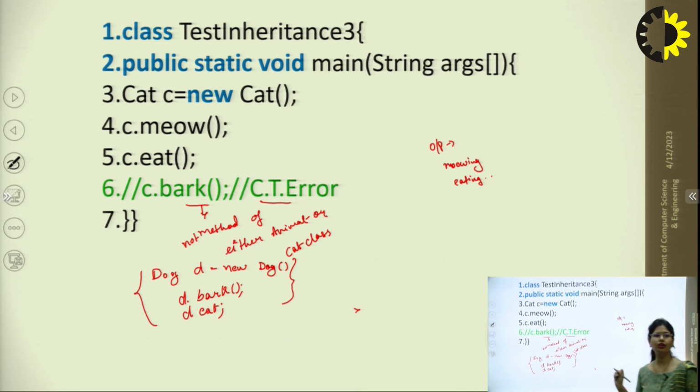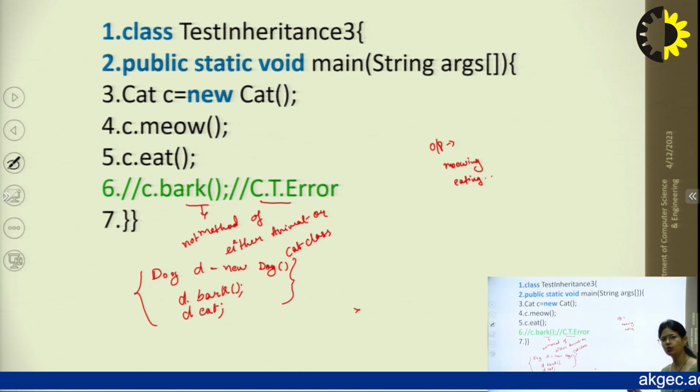So that's how you can make it run, that bark method which is in your Dog class, but otherwise you can't run it by calling it with the object of another class, because that is not extending the Dog class, it is only extending the Animal class, which is the superclass, or we can say the grandparent class for all the animals like Dog, Cat, etc.